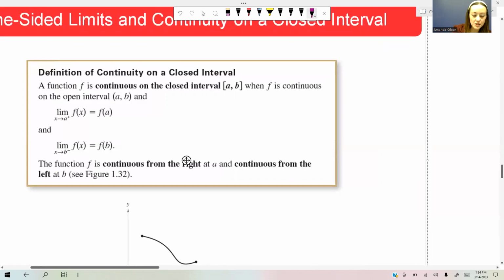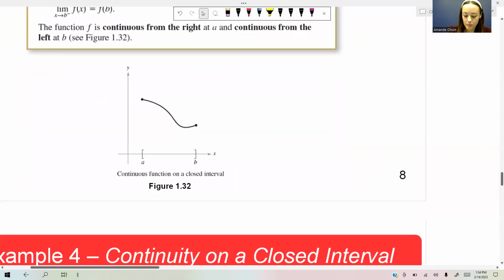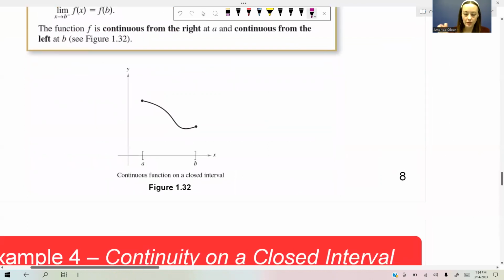And we can say that a function is continuous at those boundary points. If it's a left boundary point, then we only need the right-side limit to exist. So with this expanded definition, my function is going to be continuous at this boundary point when x equals a, and at this boundary point when x equals b.